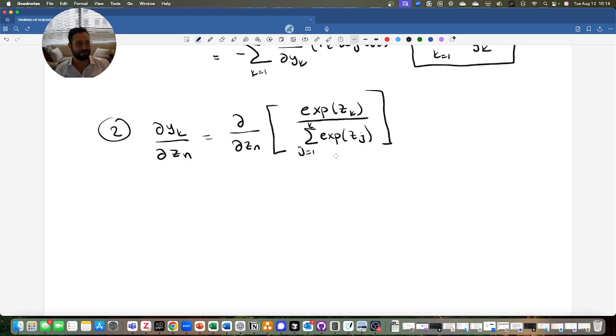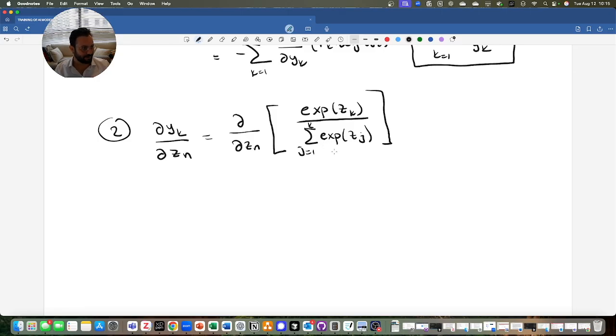Because I have the denominator, and I am therefore calculating the softmax derivative for any of the nth logit, any n. It can be k, it might not be k, right? So therefore that's the second one, different from the zk.